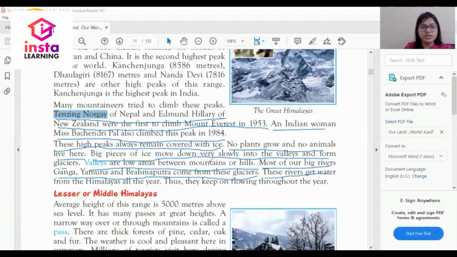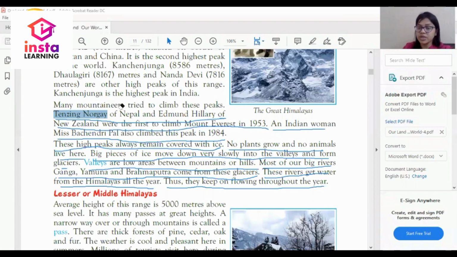These rivers get water from the Himalayas all the year. So इसमें जो सारा पानी होता है वो कहाँ से आता है? Himalayas, the Great Himalayas region से आता है. Thus they keep on flowing throughout the year. तो क्या होता है? पूरे साल इनमें पानी भरा रहता है.